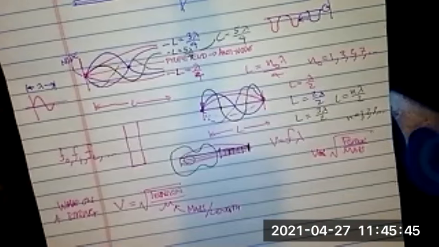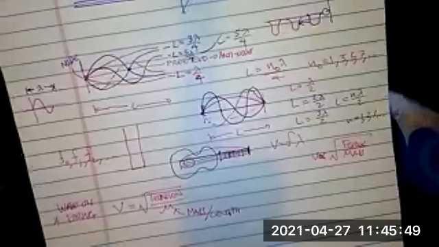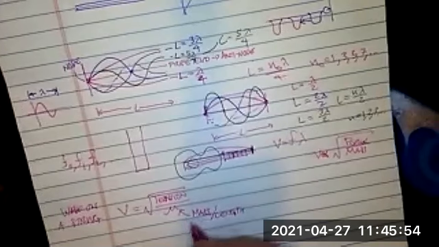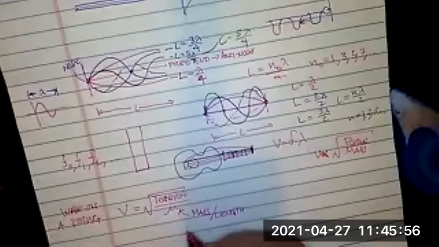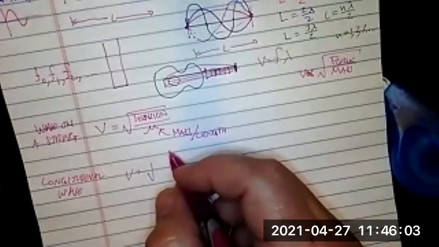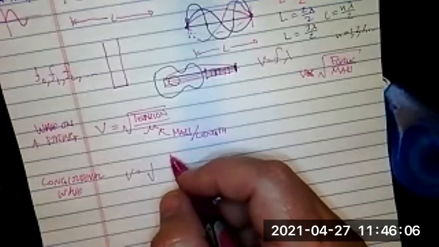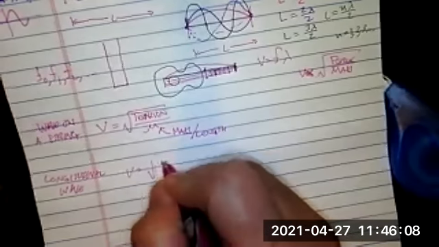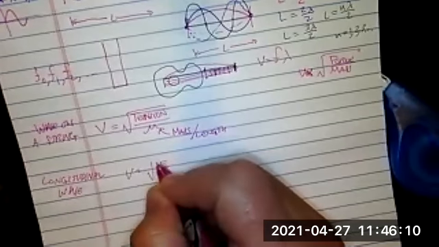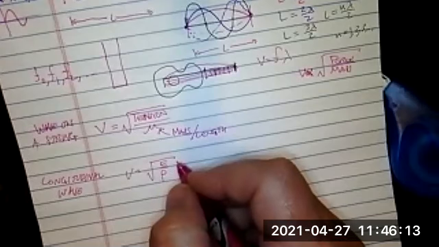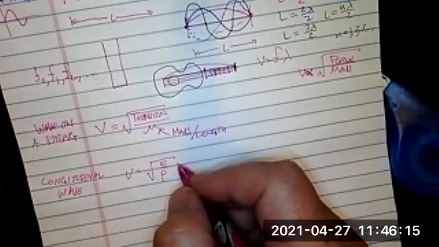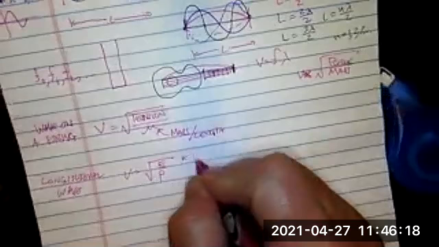So for a longitudinal wave, that velocity is equal to the square root of the elastic force factor divided by the inertia factor, which turns out to be E over rho, where that E is in fact the elastic modulus.